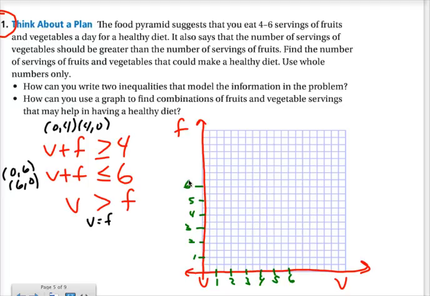So my vegetables plus my fruits needing to be greater than or equal to 4 is going to put me at 0, 4, and 4, 0. And 0, 6, and 6, 0. And then if it has to be greater than or equal to 4, but less than or equal to 6, well, you can just look at some of the numbers. Again, realize 0, 0 is not going to do that.